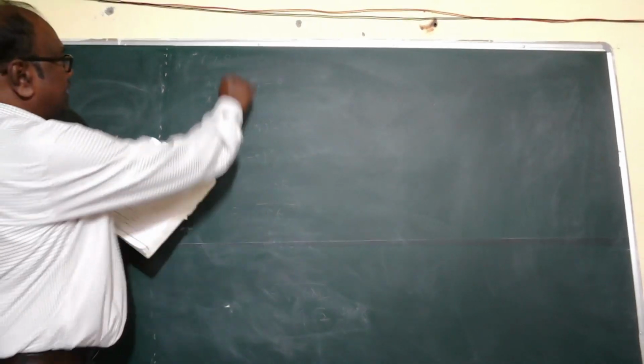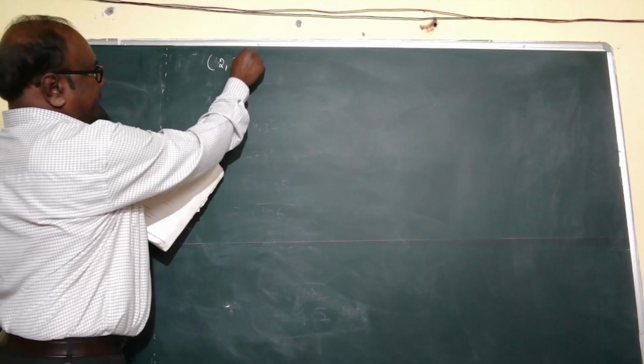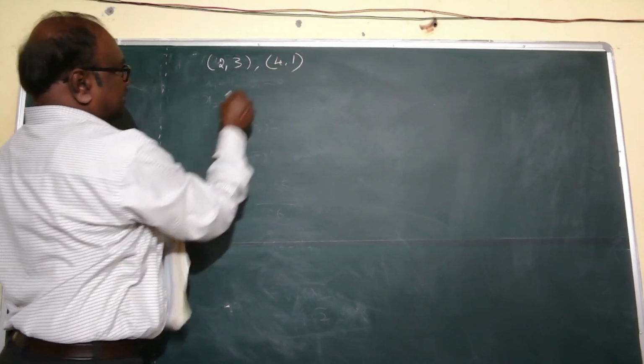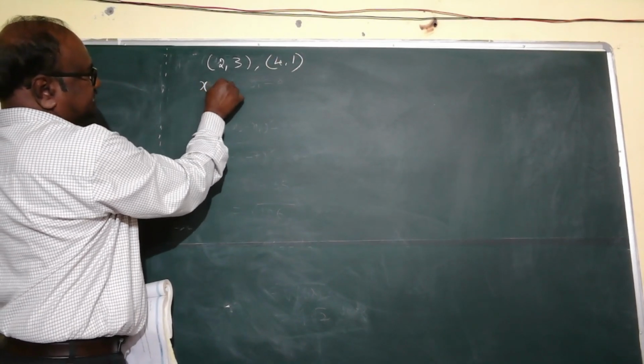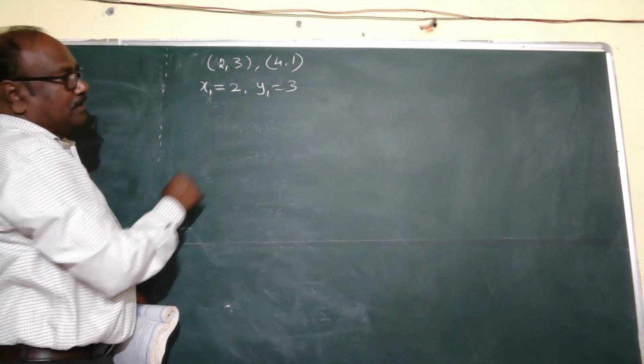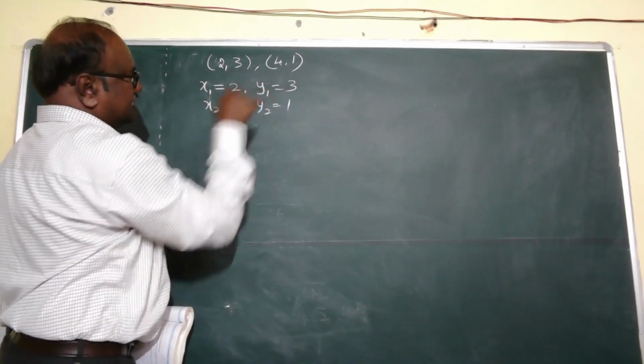Guys, find the distance between (2, 3) and (4, 1). Let us substitute this one. x1 is equal to 2, y1 equal to 3 and x2 is equal to 4, y2 is equal to 1.